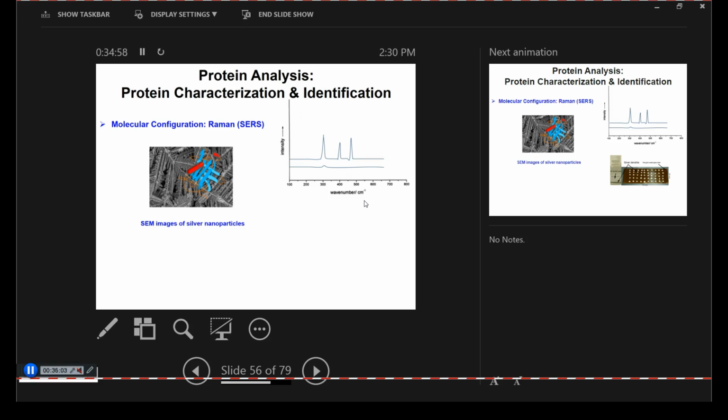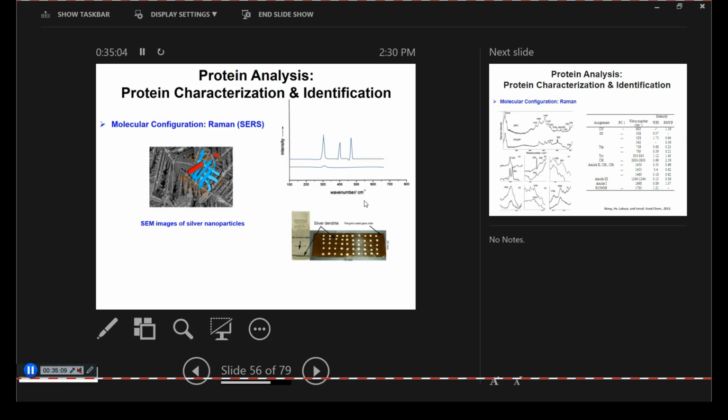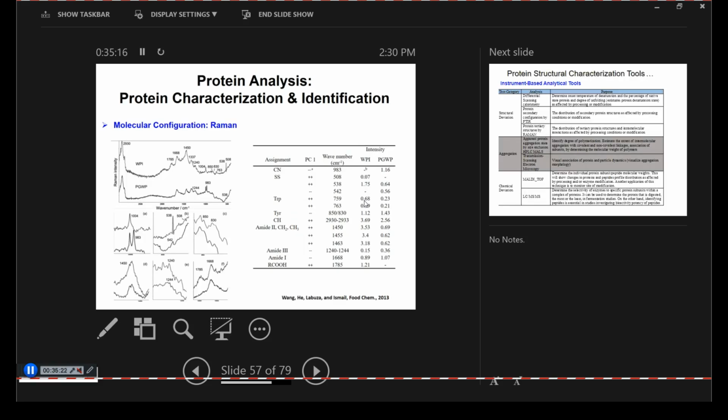That's why it's called surface enhanced Raman spectroscopy. And an example of application, this is where you spot your samples. You have the silver dendrites and you spot your samples on it and you project the light. This is an example application. We used Raman spectroscopy in it.